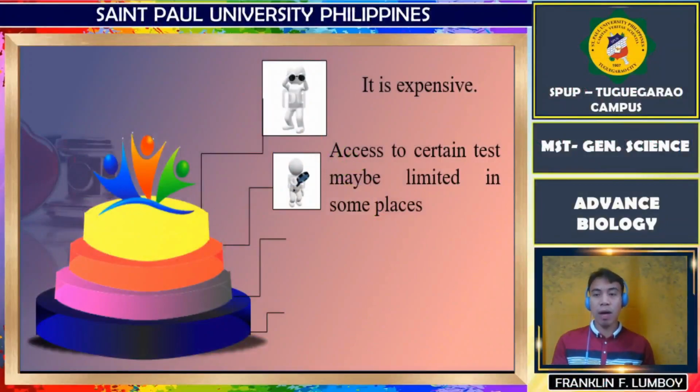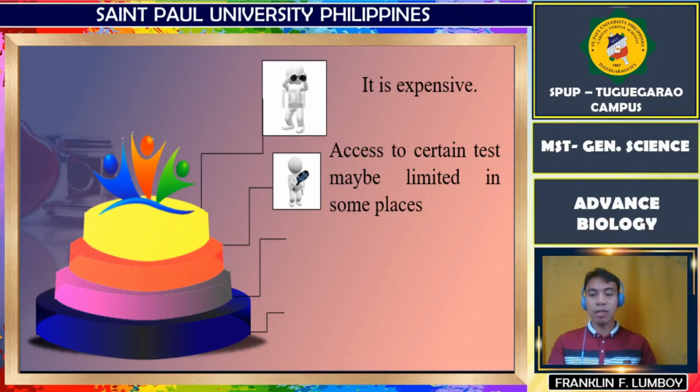Not every one of us has the financial support or financial stability, right, to have access to certain tests, or perhaps some hospitals do not yet have the technologies needed for pharmacogenomics. So those are limiting factors towards accessing pharmacogenomics.